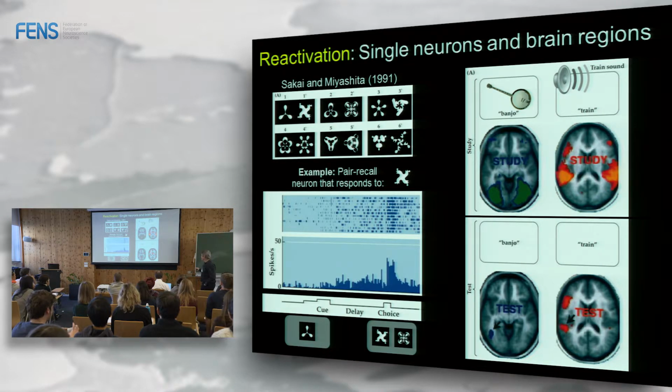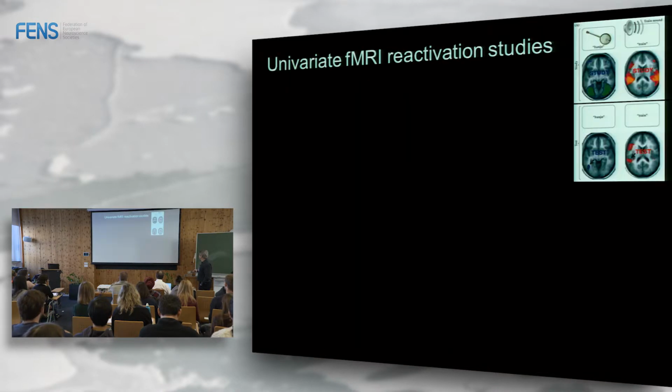In this classic study by Wheeler and Buckner, words that were studied with pictures elicited greater activity in visual regions, whereas words that were studied with sounds elicited greater activity in auditory regions. Since the stimuli during retrieval are identical, the only explanation for these differences is that the participants are retrieving the associated context. So these regions are assumed to support the recovery of those encoding contexts, that is, the reactivation.